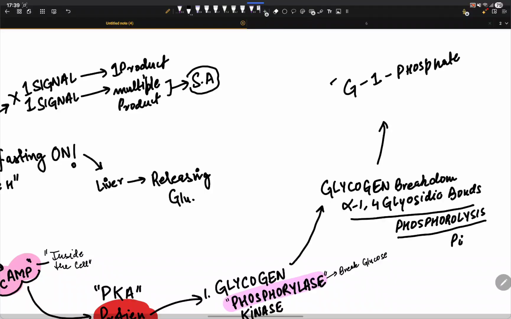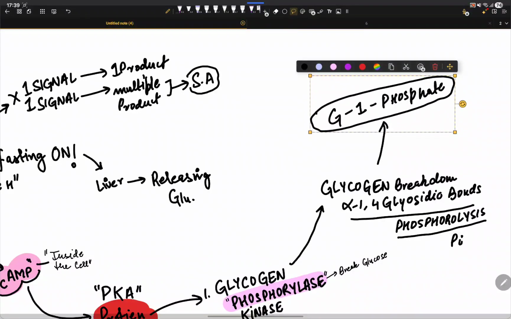That's what we get. The cool thing here is that we are not getting free glucose. We are getting glucose 1-phosphate. The glucose is still trapped. That's very important to know. Now, why glucose 1-phosphate instead of free glucose? Why not just get free glucose?